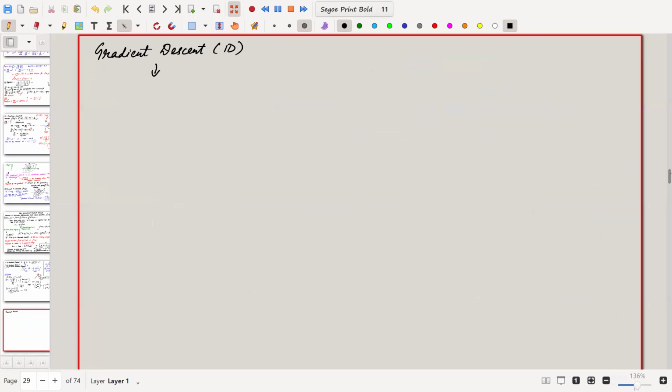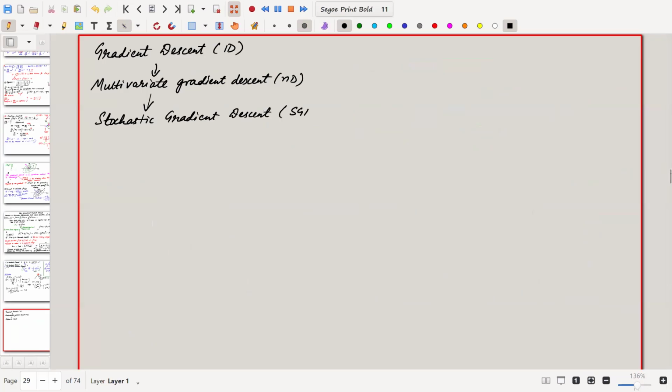The evolution can be generalized into multivariate gradient descent. Faster than multivariate gradient descent is something known as stochastic gradient descent. Stochastic gradient descent, why the word stochastic has come, I will just give you a bit of motivation.